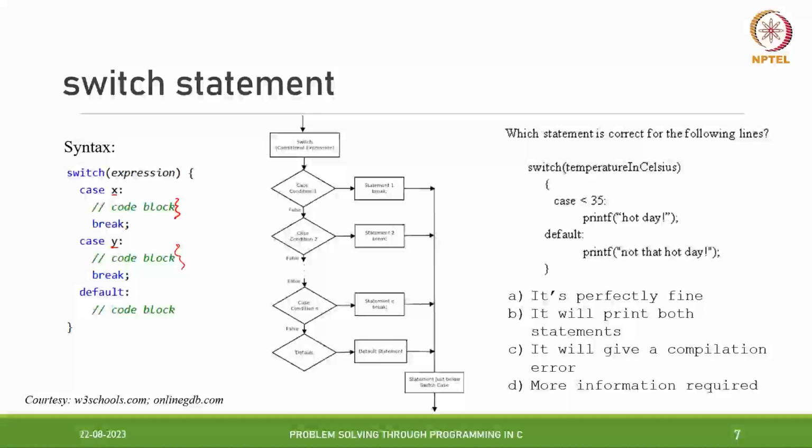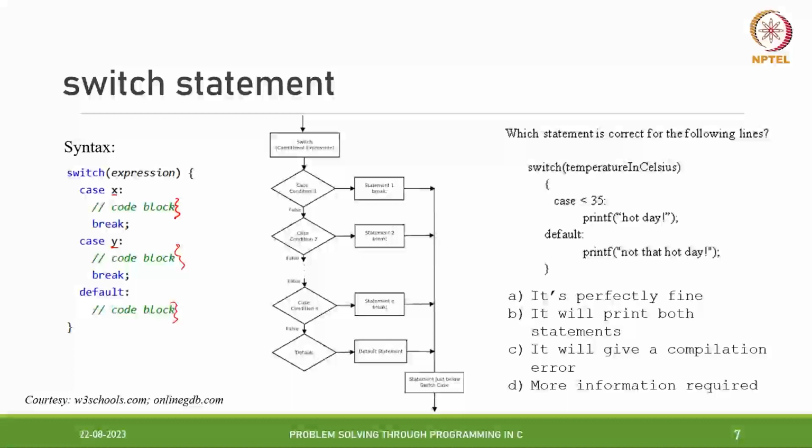And you need to end each of the cases with a break unless your question demands you not to, and then you have a default one. If the expression does not evaluate to x or y, then whatever code you have written under the default one will be executed.